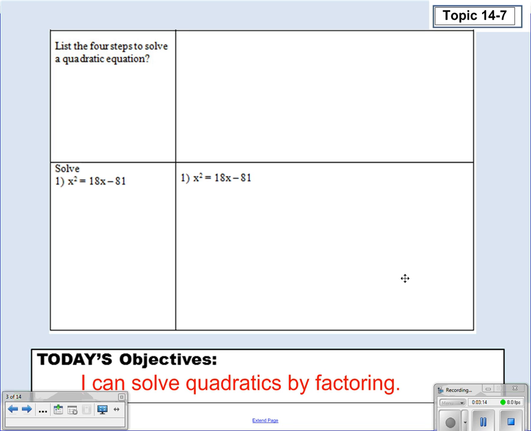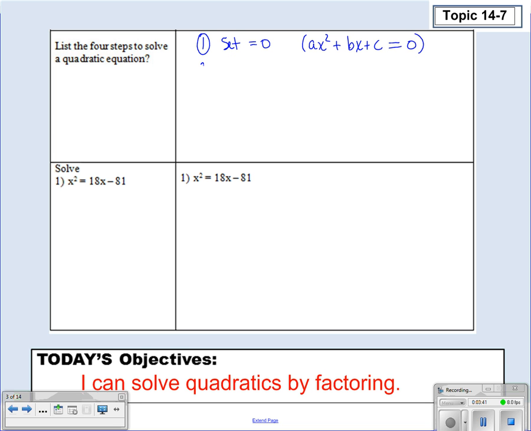So our first question asks us to list the 4 steps to solve the quadratic equation. These are the 4 steps that we left on our summary yesterday in 14-6. The first step is we have to have the equation set equal to 0. That means we're looking at the quadratic equation in standard form, ax squared plus bx plus c, and that must be equal to 0.